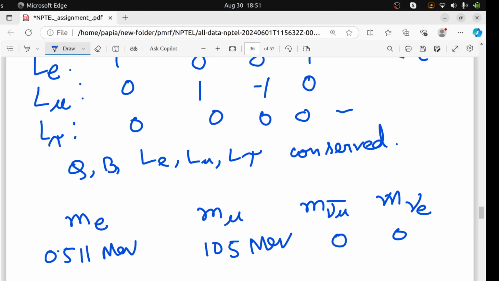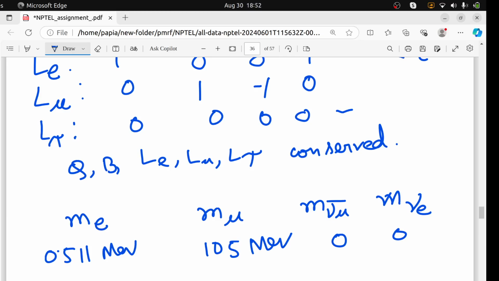So in rest case, if the electron is at rest, it cannot decay to mu, nu mu bar, nu e because of the mass problem.